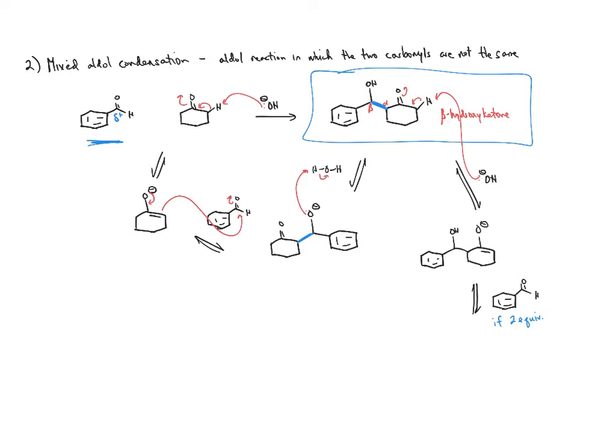You can get another reaction between the enolate and that carbonyl carbon to give you a new beta-hydroxy beta-alkoxy ketone. And then that, of course, does a deprotonation of water to give you the dimer.